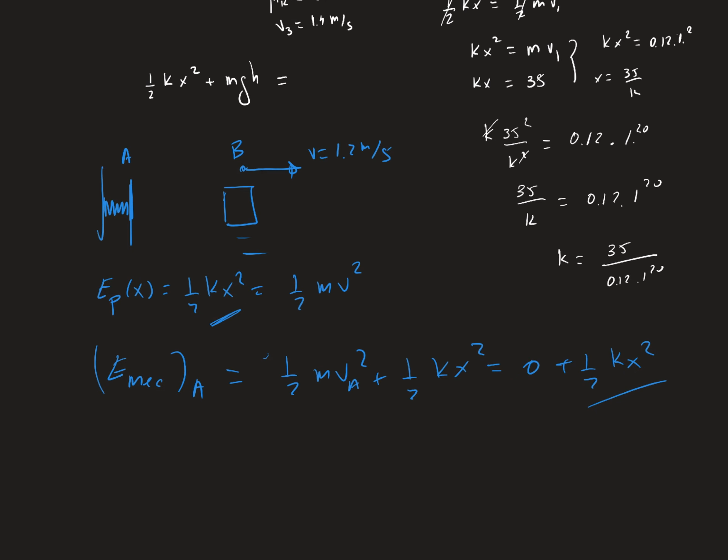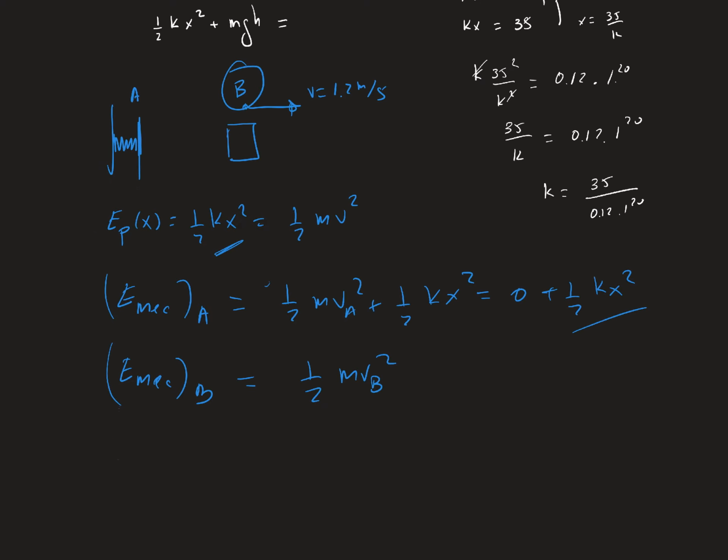What is the mechanical energy at B? It is only kinetic energy. And what does our theorem say? Our theorem says if there are no external forces acting, no friction for example, the mechanical energy is conserved.